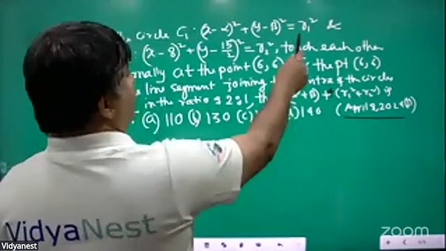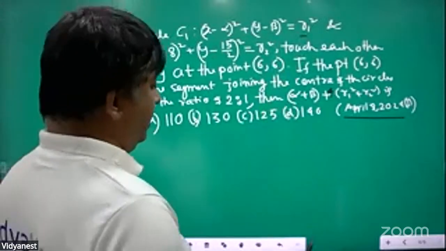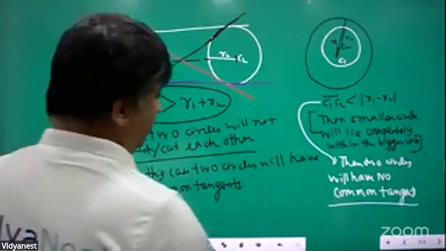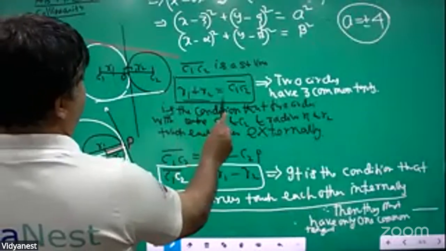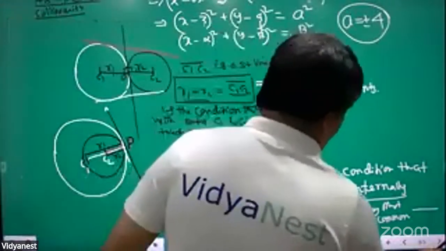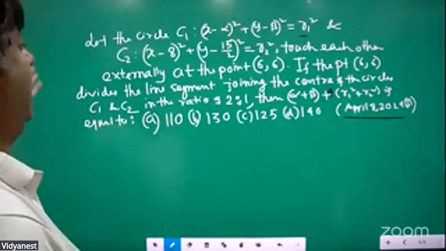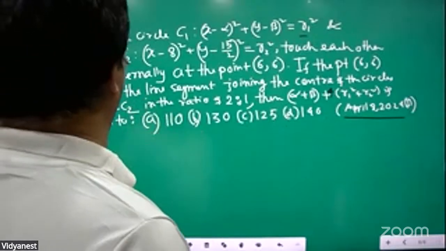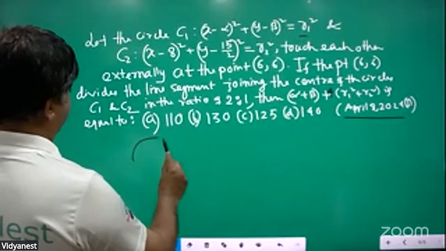Radius in both cases are unknown. They touch each other externally. So the externally touching concept we already have: R1 plus R2 equals C1 C2. But still it is not decided whether that condition will be applicable here or not. But the concept must be applicable. See, let us draw two circles.